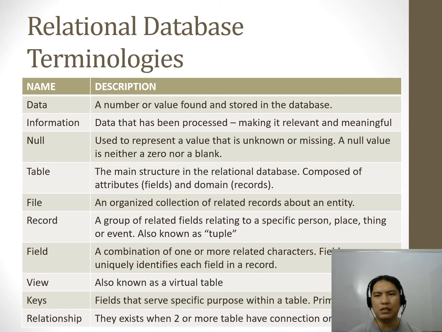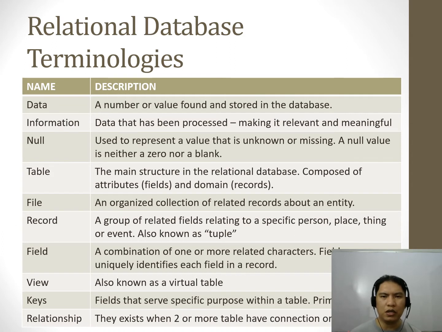Then we have keys. Keys serve a specific purpose within a table. When we talk about primary keys, they refer to the identifiable field for each record in a table.